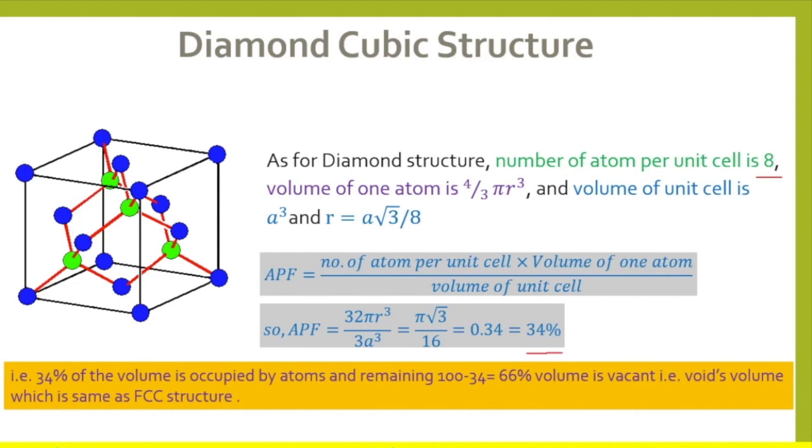It means that 34% of the volume of the diamond unit cell is occupied by atoms, and the remaining 66% is vacant. So that is why it is also called a loosely packed structure.